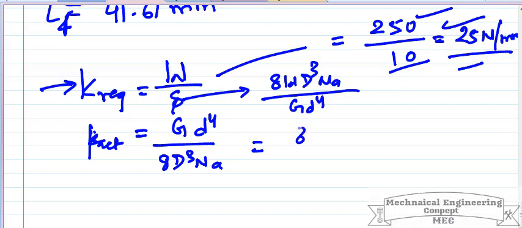So for that I need to use this formula, 81370, which has G d to the power 4 over 8 D cube Na.